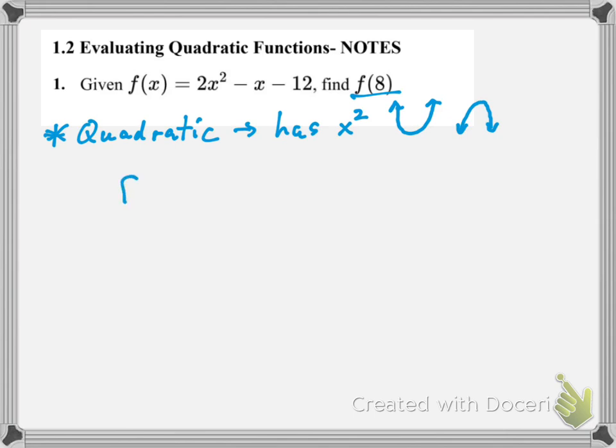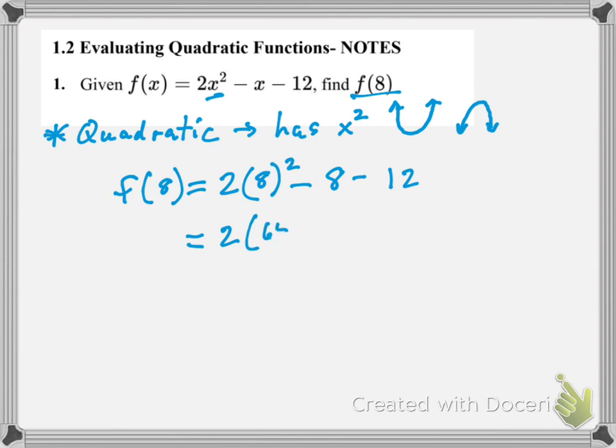So f of 8, we have 2 times x squared. Well, x is 8, so that's 8 squared. Only the 8 is being squared. Minus x is 8, minus 12. So 8 squared is 64, minus 8, minus 12.